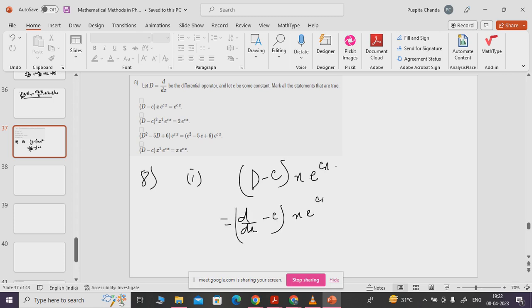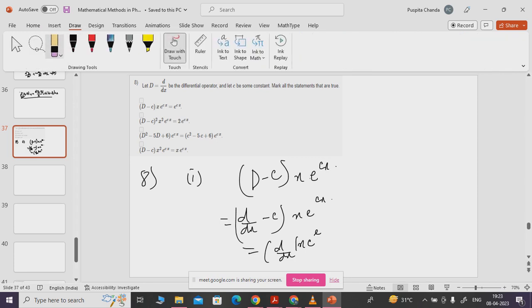So it is d/dx of x e to the power cx minus c into x into e to the power cx.